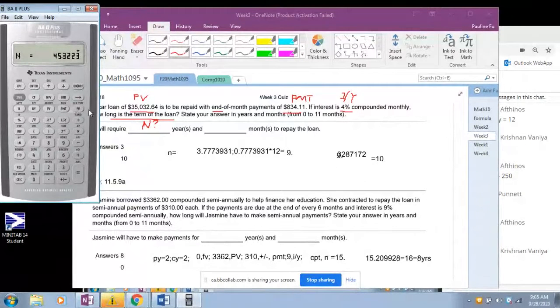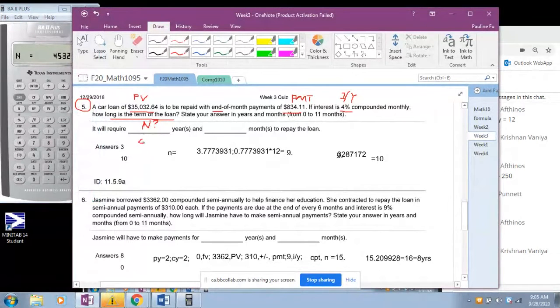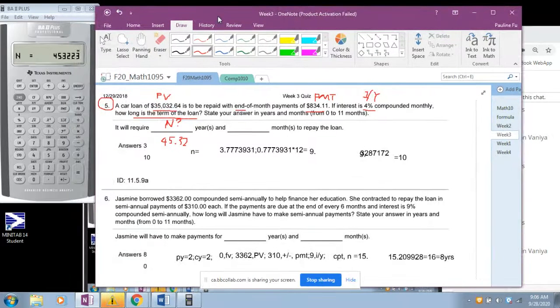So I get N equal to 45.3223. This is months. The next question becomes: this number of months equals how many years and how many months?